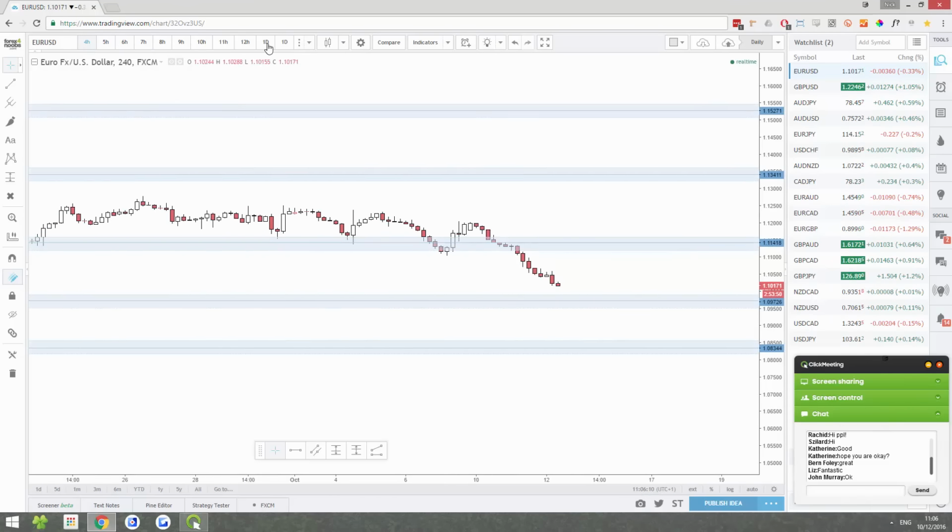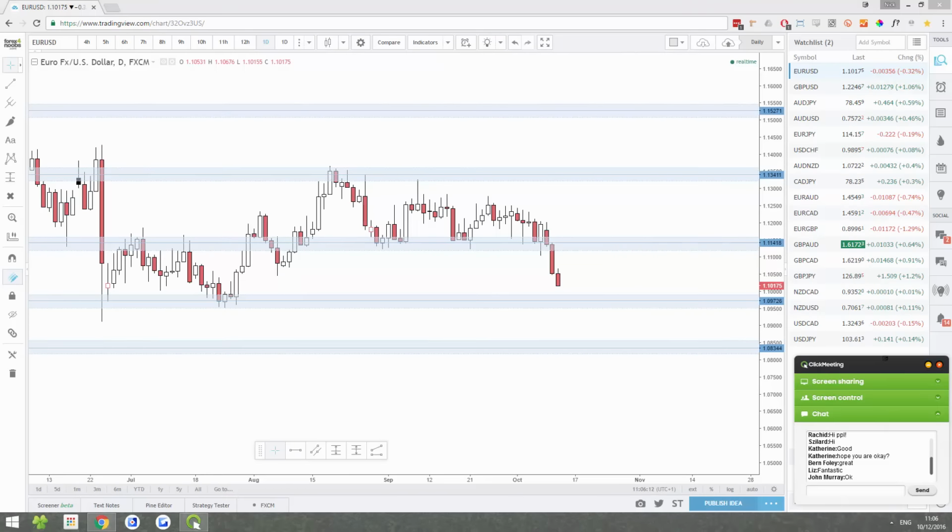Yeah, so no reversals forming here. I would keep a very close eye on this level here though. When price approaches this level, I would be expecting at least for it to stall. At least to see a stall at this level, potentially a reversal, but at the very least I would expect a stall at this level.